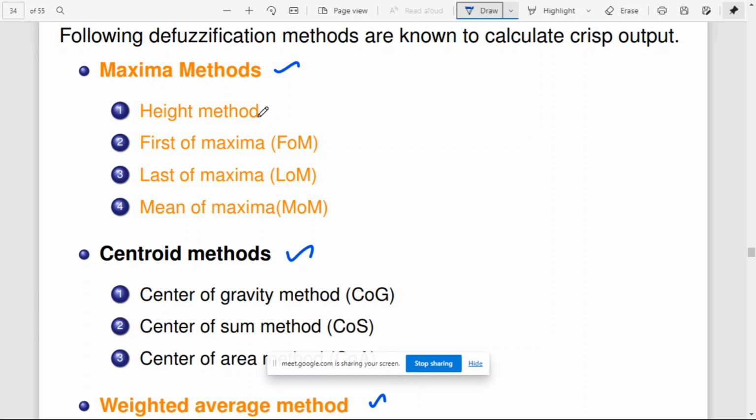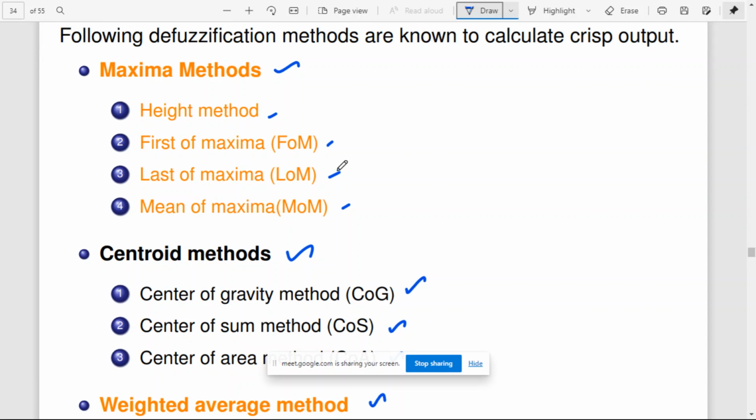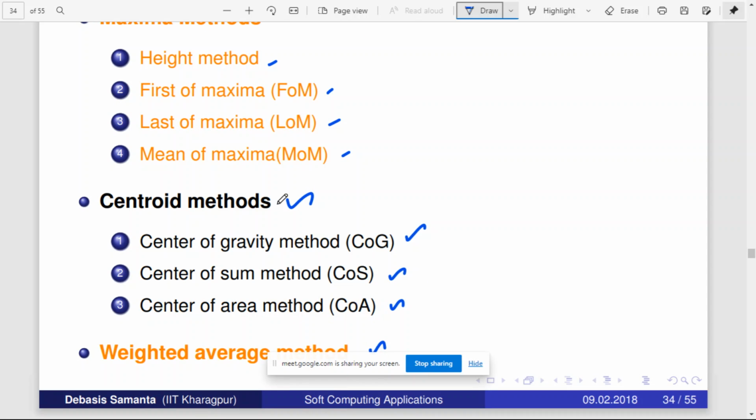In the maxima method we have four types, and we will be discussing all of them: height method, first of maxima, last of maxima, and mean of maxima. In the centroid method we have three types: center of gravity method, center of sum method, and center of area method.